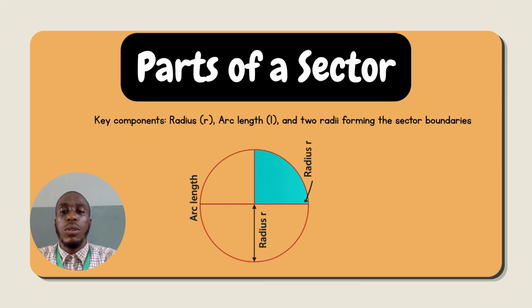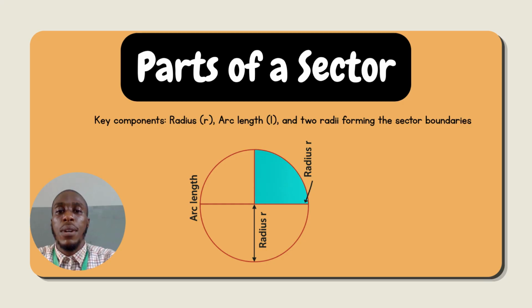Don't forget that two radius becomes radii. The second component is the arc length, which is the curved part of a circle. When you get a fractional part of the circle, it becomes an arc length, which is a portion of the circumference.